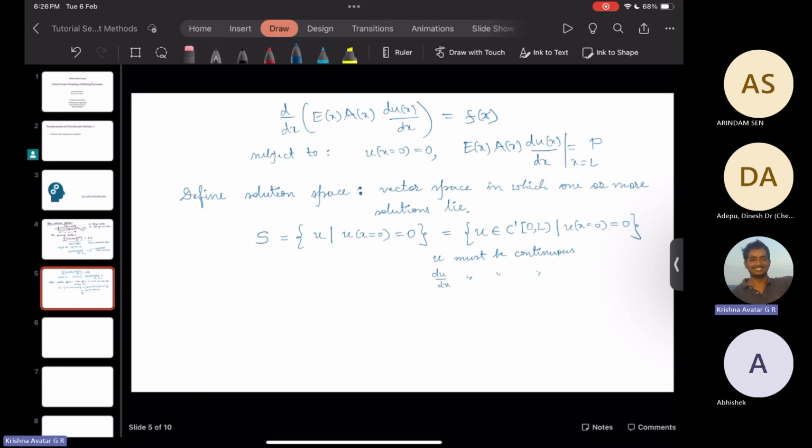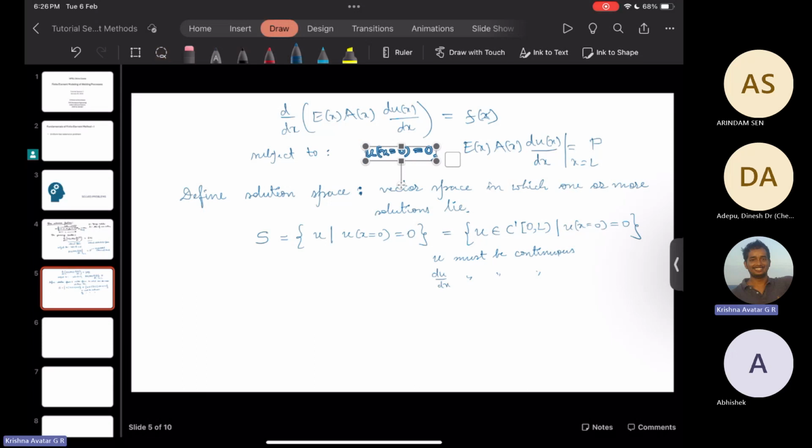You may ask, but why do we impose just this one condition for members of the solution space? The answer is that we always want only those conditions which we call the Dirichlet boundary conditions. In this case, this happens to be the Dirichlet boundary condition.